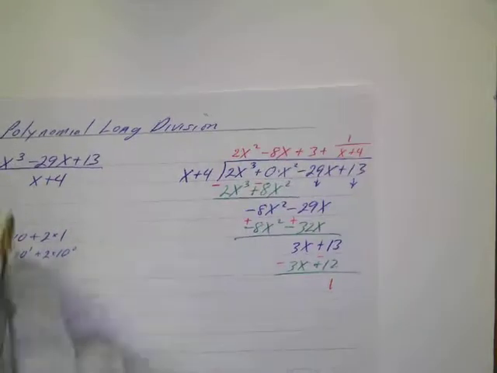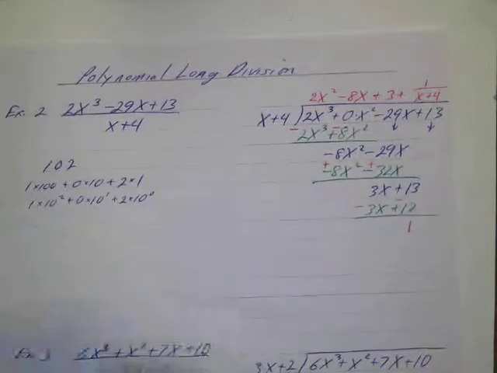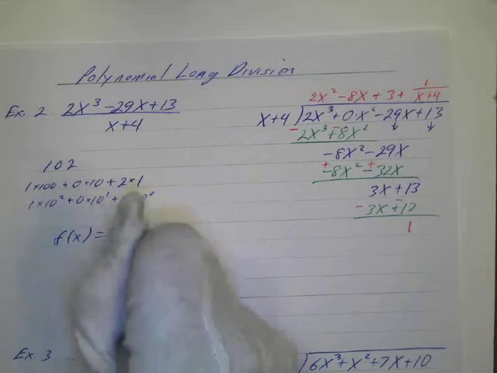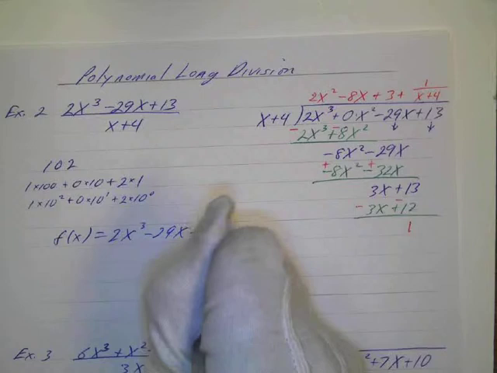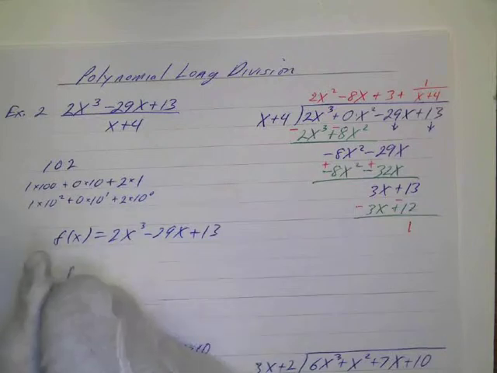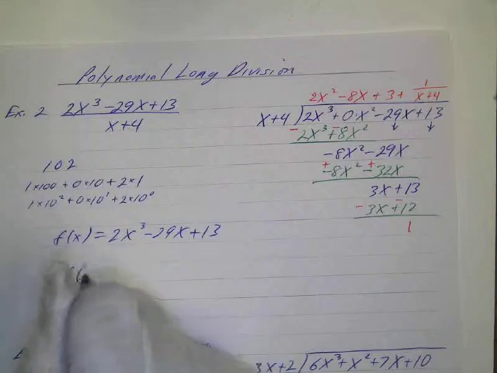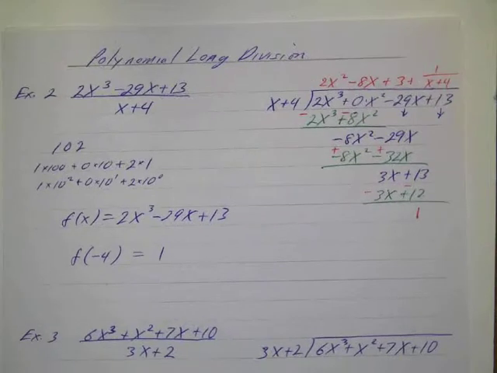And remember, if we evaluated this polynomial, then f of, what do you think f of negative 4? It's always the opposite sign. What would that be? That would be 1.